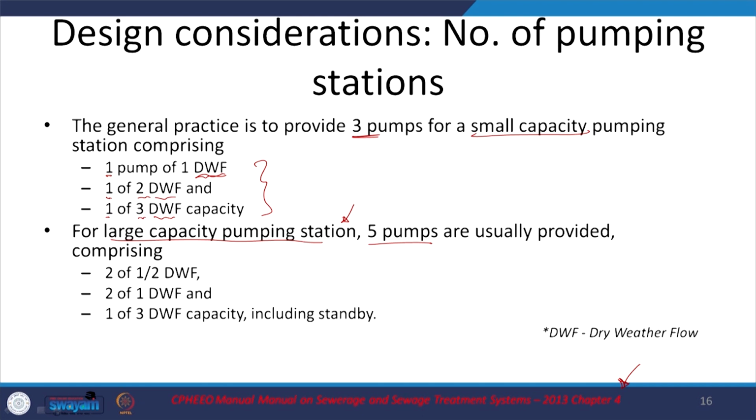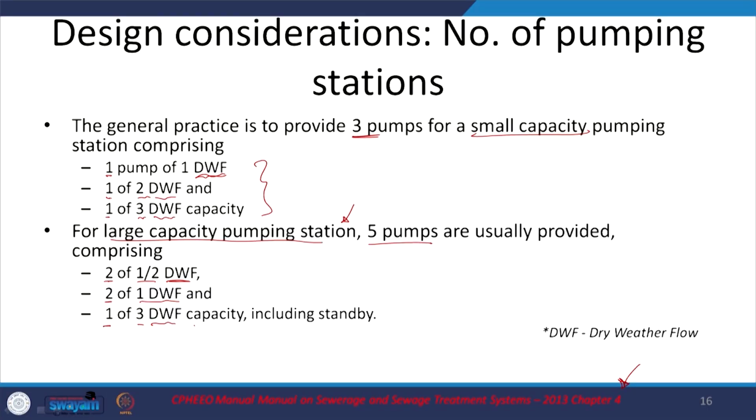And again, what do we have here? Two will be of half capacity, such that each can handle half the dry weather flow, and 2 will be such that each can handle the dry weather flow capacity by itself, and one will be of 3 times the dry weather flow capacity.